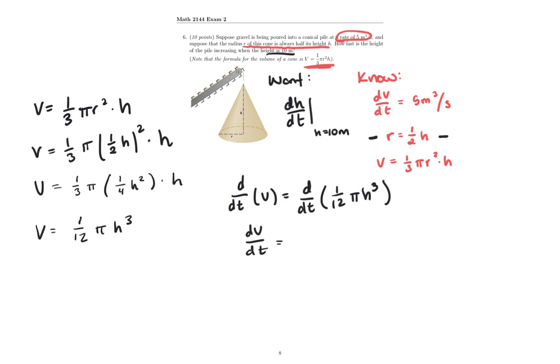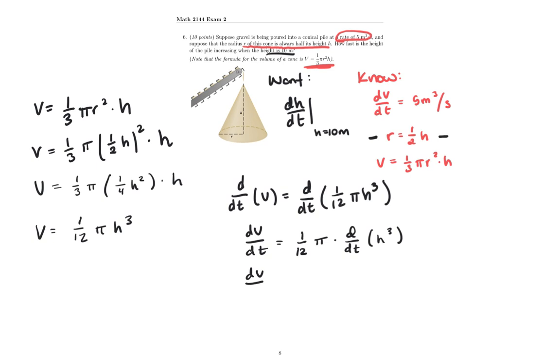Okay, 1/12 and pi are constant, so I can pull them out. And now I'm looking at the derivative with respect to time of h cubed, so I have to ask myself, does my height change as time goes on? It does. So height is a function of time, and we're going to do some implicit differentiation.